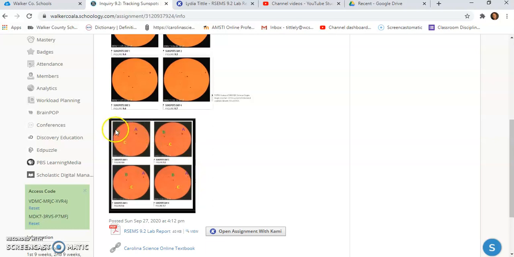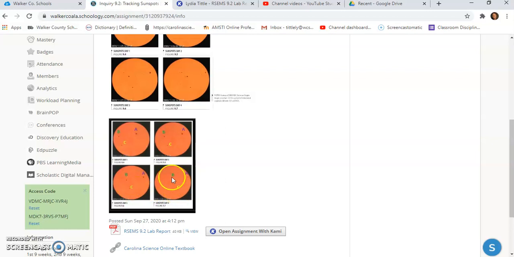Then we also have group B. Group B is the group that starts kind of in the middle here. Okay, group B moves from here to here to here to here during the 4-day period. Okay, and then we have sunspot group C. It moves from here to here to here to here.